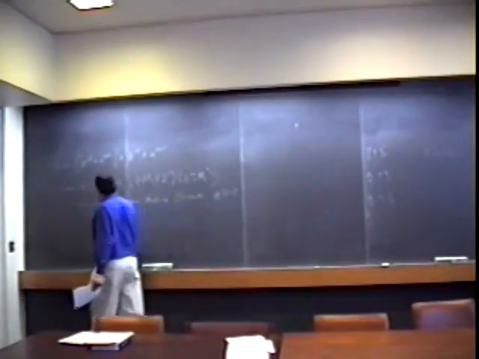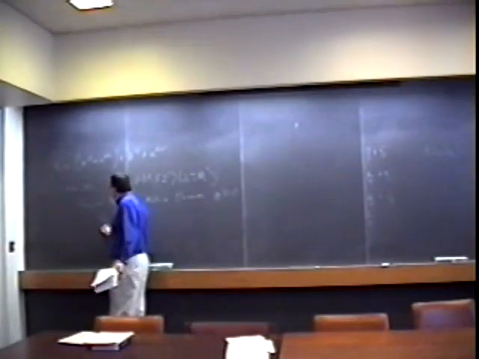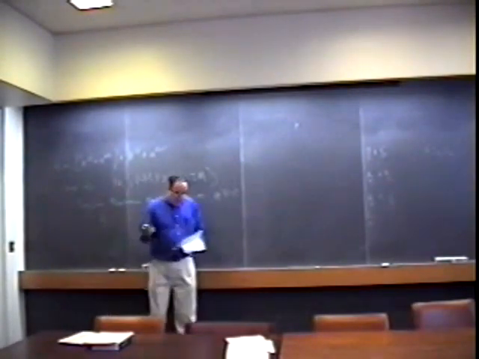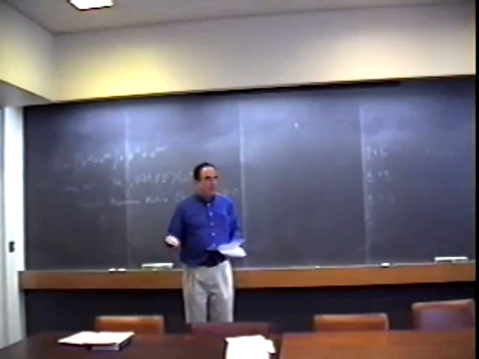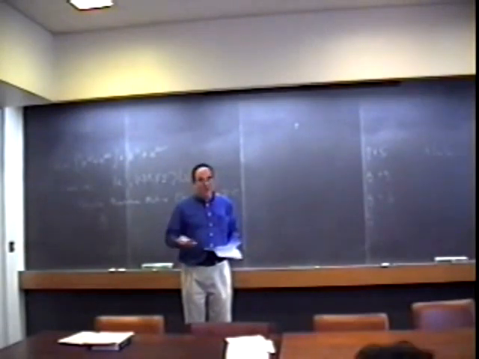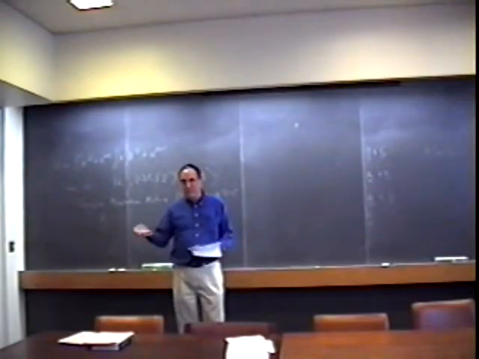Okay, so let us say that A is an angular momentum. It's some operator, and the nice thing about angular momenta is that once you know the matrix elements for one angular momentum, you know them all.